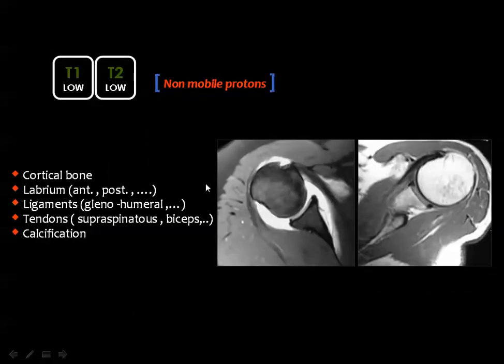You remember that the low signal anatomic structures in both T1 and T2 include the cortical bone, the ligaments and tendons, and calcium. And here in the shoulder we add the glenoid labrum, which is the fibrocartilaginous rim that deepens the concavity of the glenoid part of the scapula to accommodate more of the humeral head.